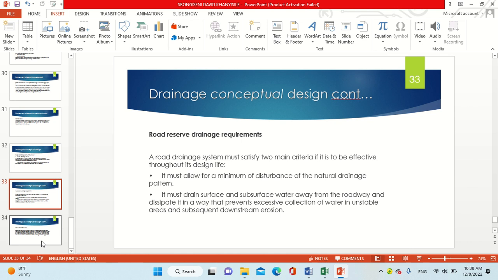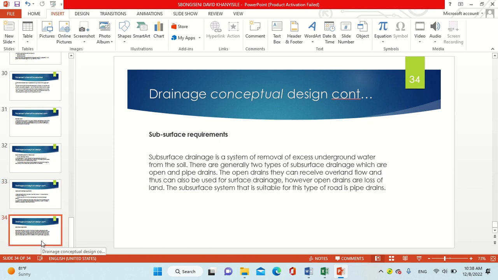A road drainage system must satisfy two main criteria to be effective throughout the design life. It must allow minimum disturbance of the natural drainage pattern. It must also drain the surface and subsurface water away from the roadway, and prevent excessive collection of water in unstable areas and downstream areas.